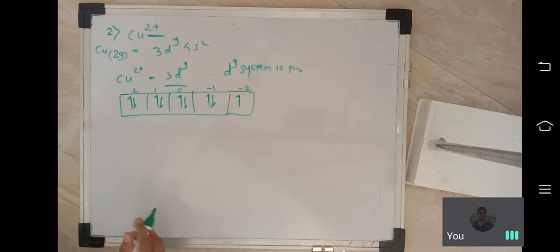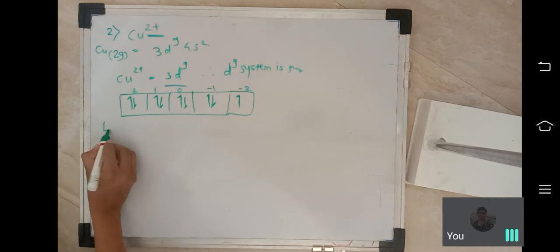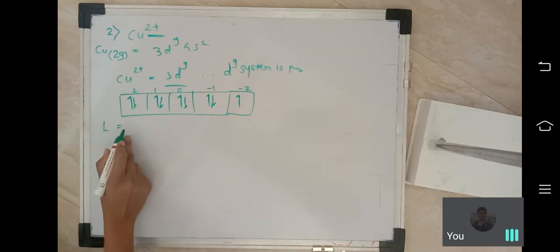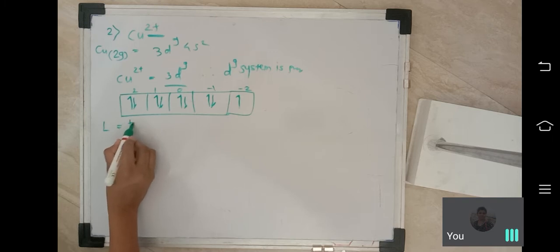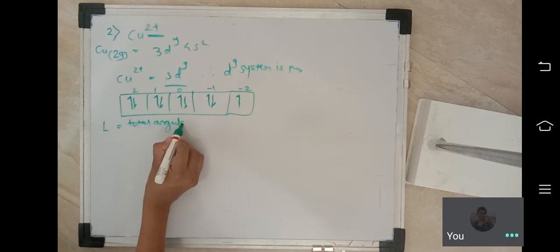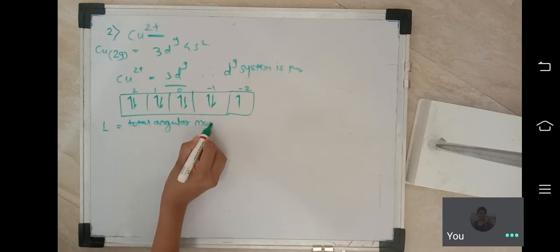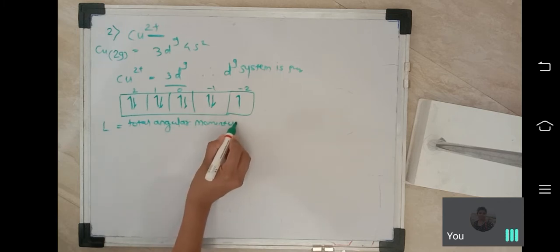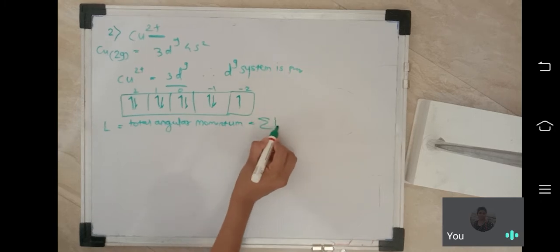Now we find the values of L and S. First you have to find the value of L. L means total angular momentum, so you write the summation of li.